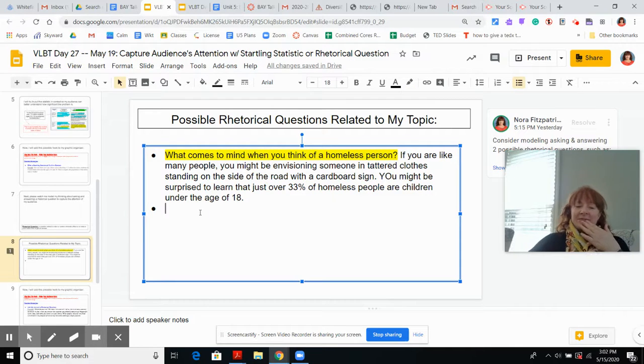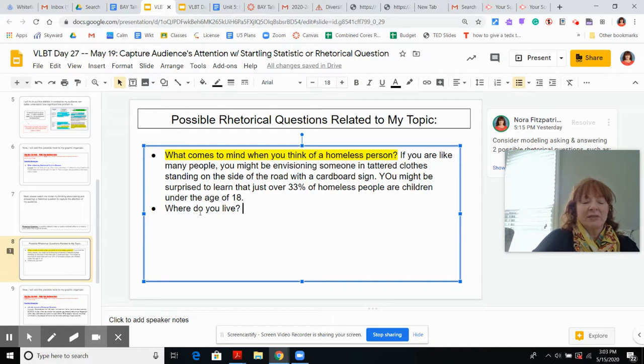The other thing that I was thinking about comes from the I Was Homeless article by Kristen Lewis, where she opens by saying, where do you live? So if I pose that as my rhetorical question, now I have to craft an answer to prove a point.